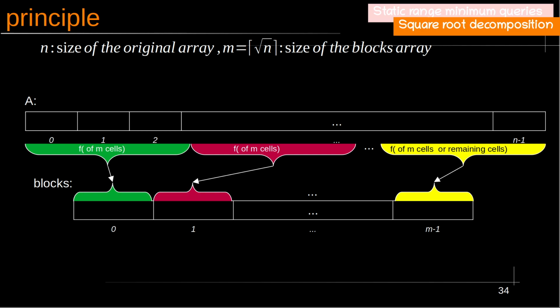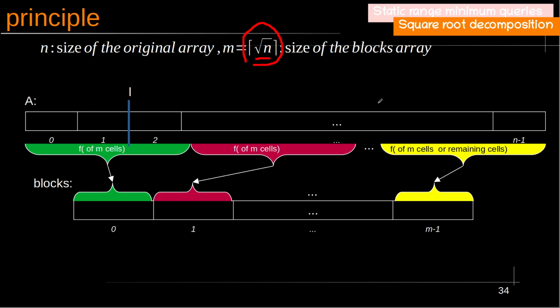So here, as you see, we have the blocks array of size m from 0 to m minus 1, where m is the ceiling of square root of n, and a is the original array.